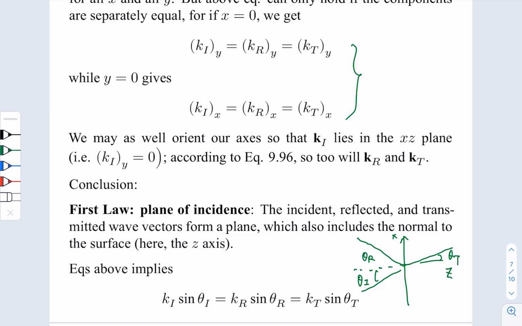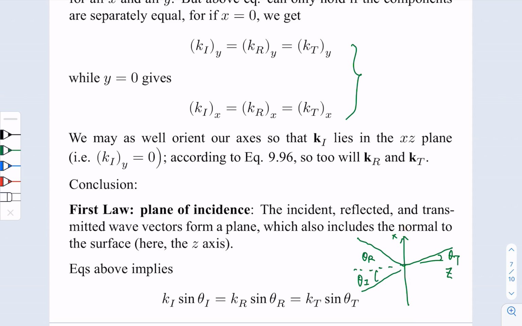This is what suggests that the transmitted and the reflected light should all be in the xz plane, which is the plane of incidence, the plane of the normal vector and the boundary.